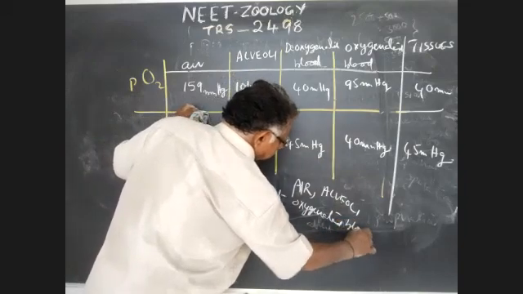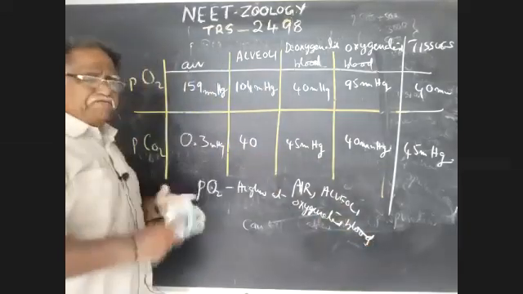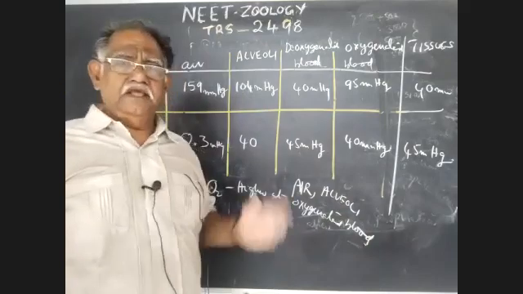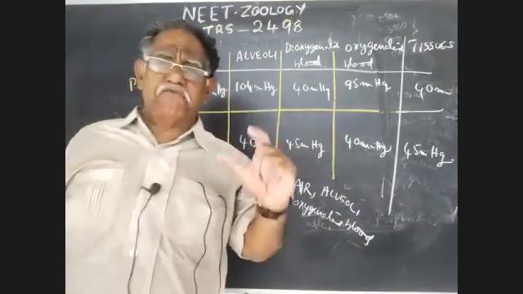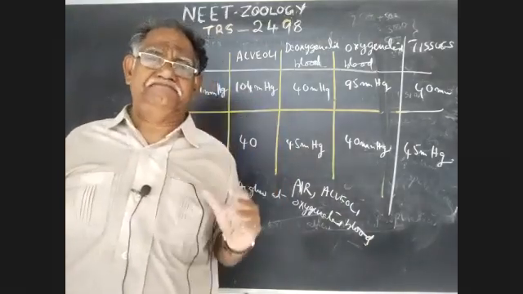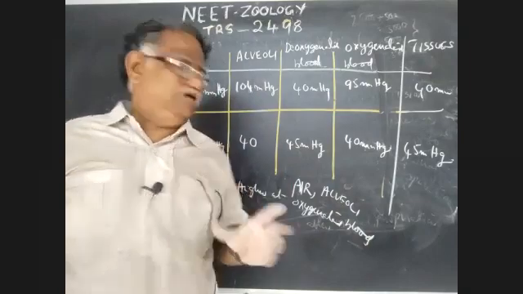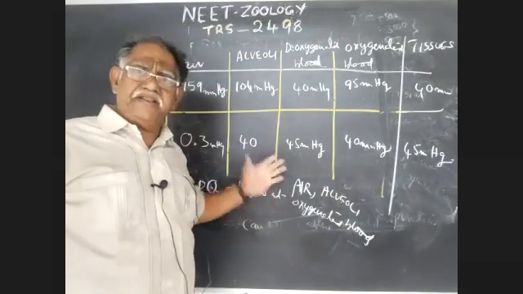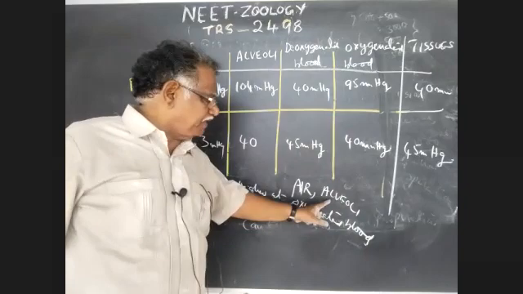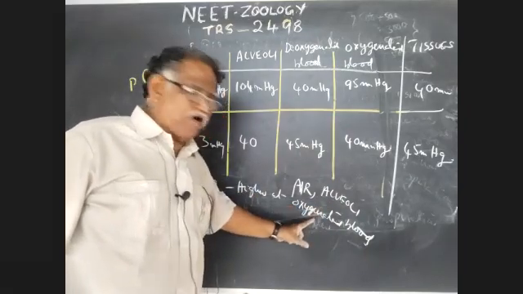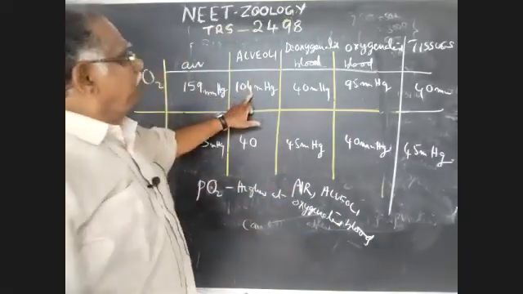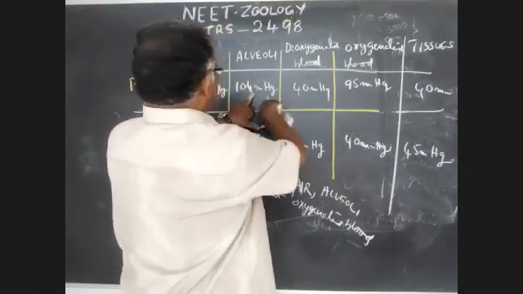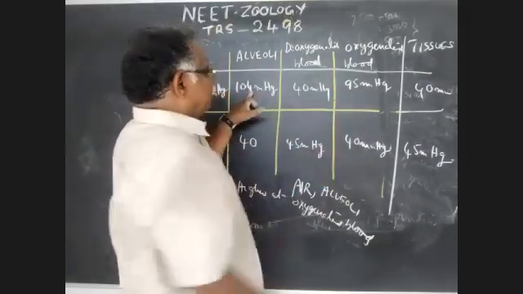So different combinations may be given. PO2 is high in the following regions of the respiratory system. In the atmosphere, automatically, but in the respiratory system, alveoli and oxygenated blood. In these two regions, PO2 is high.